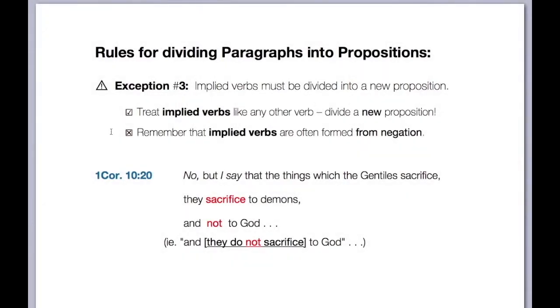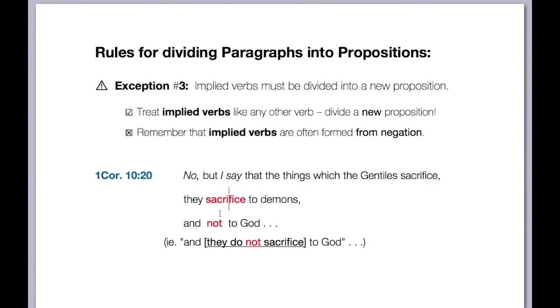But remember also that implied verbs can be formed by what we call negation. In other words, not just what's being said, but what's not being said. Let's take a look at the Apostle Paul's example in 1 Corinthians 10. Speaking of the Gentiles who do not know God, he says, the things they sacrifice to demons, line 1, and not to God, line 2. In line 1, I clearly see the verbal idea to sacrifice.